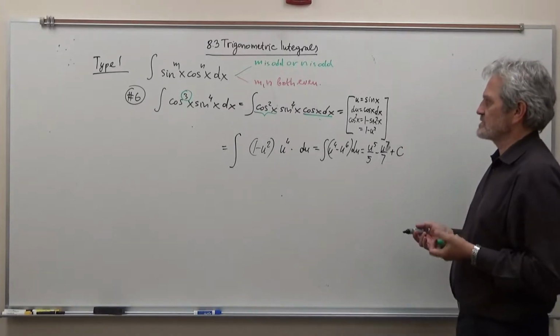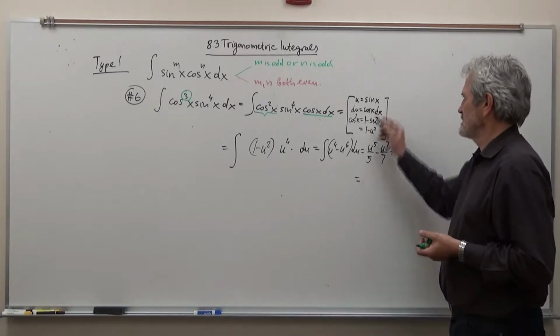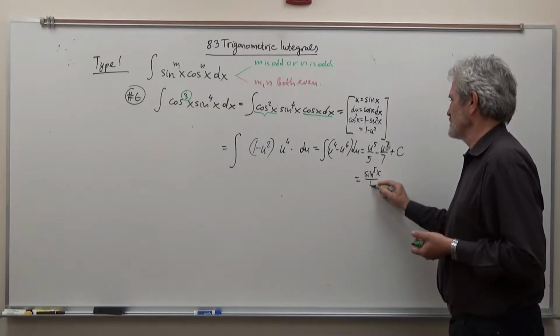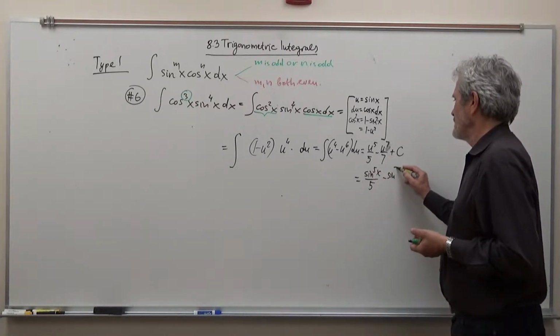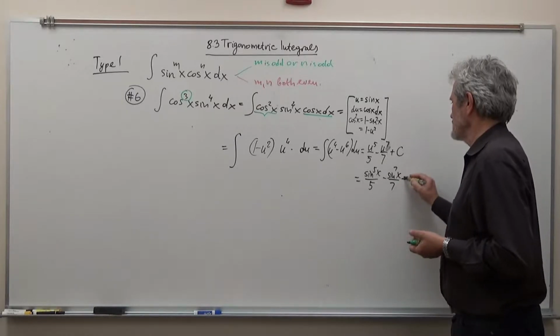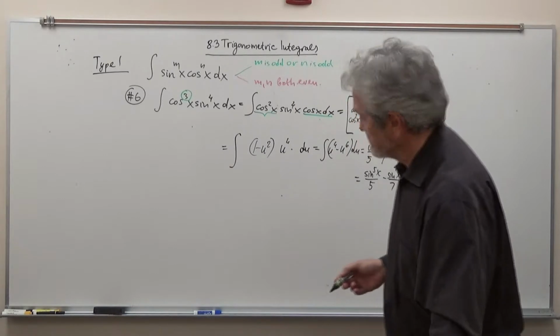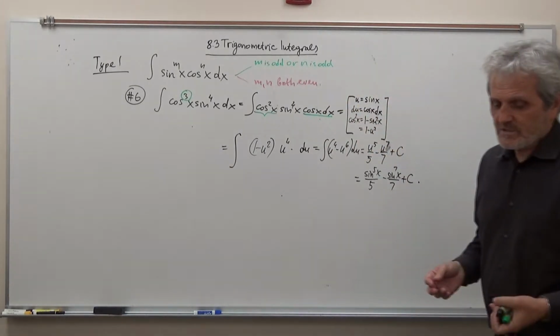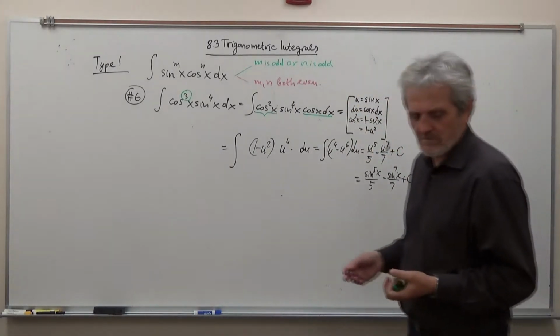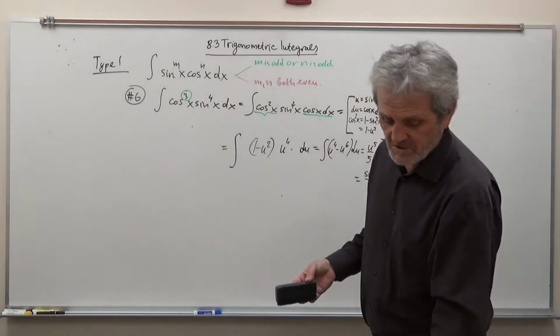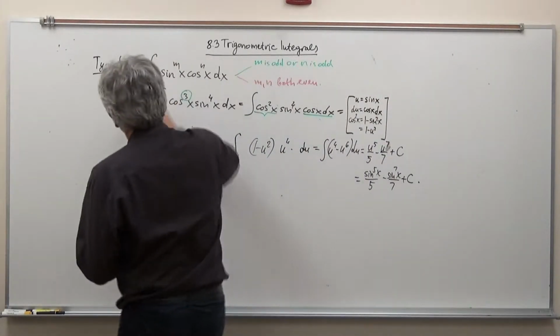And the last step is just to replace your substitution back: sine to the 5th x over 5 minus sine to the 7th x over 7 plus c. And that's our final result. So this was quite easy. And I'll do one more problem with the same idea, number 12.